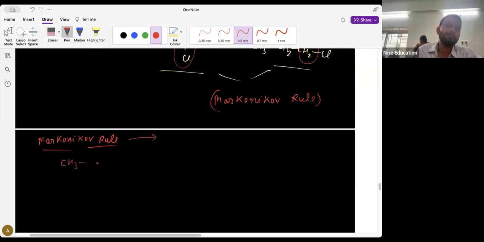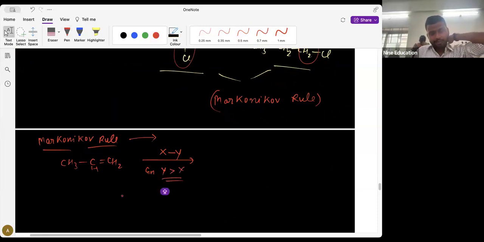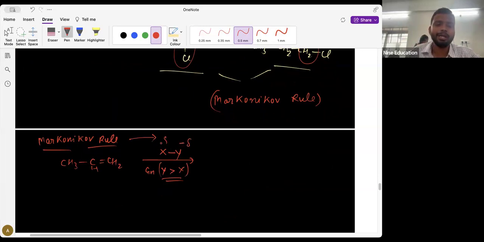Let's say I have ये वाला. Let's say I have this alkene and I put, let's say, X and Y, है ना? So out of these two, let's say electronegativity of Y is greater than X. See बेटा, अगर electronegativity Y का ज्यादा है, so Y will be del negative and X will be del positive, है ना?